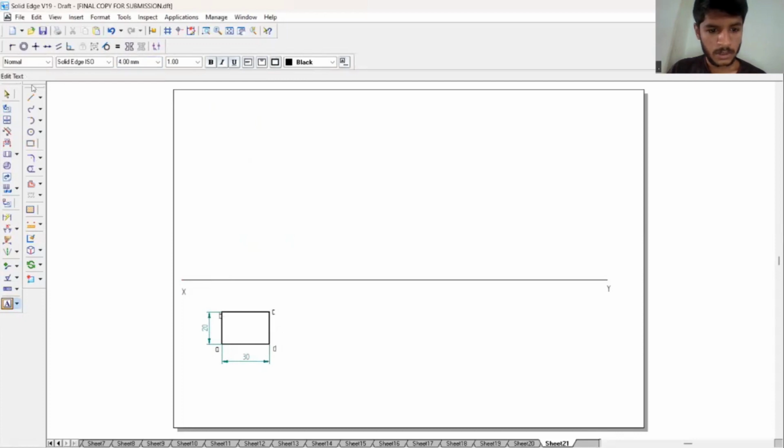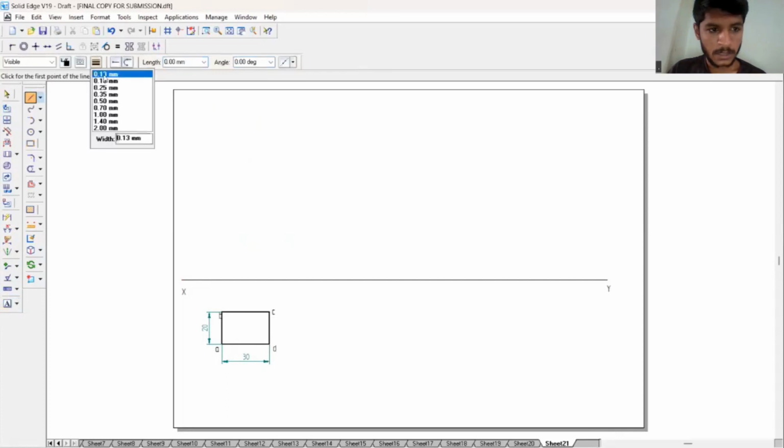Okay, now let's make the projector lines, which must be thin. Let's draw a thick line to both the ends.